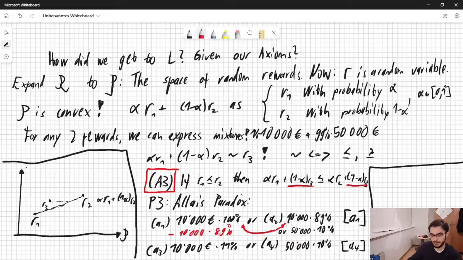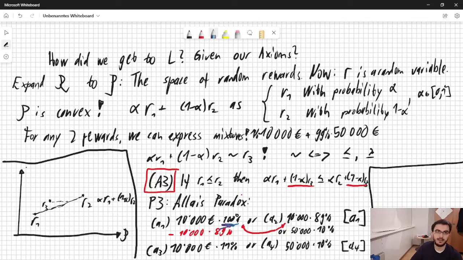So what happened here? Basically, one way to think about this is that I would choose both of these options exactly the same way that the majority chooses them.